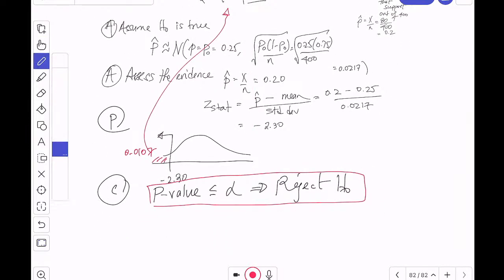So in our case, p-value is 0.0107. We don't do anything else. That's it. We're done. We just check on the left side and we say at the 10%, we're told to test at the 10%. It is smaller than 10%, so we reject H0. Is that true? Is that the answer?